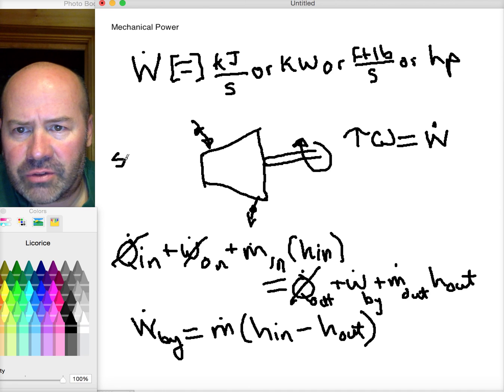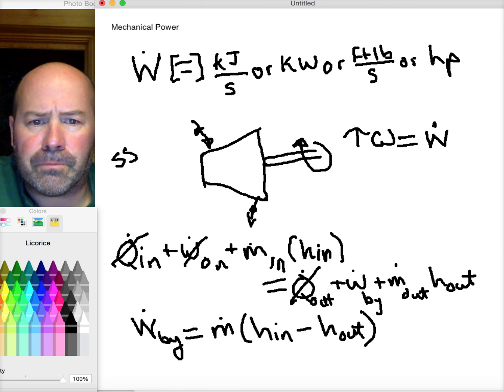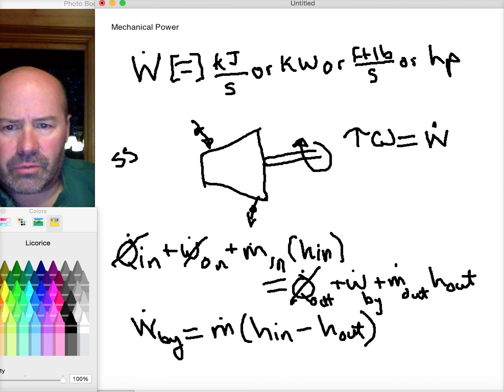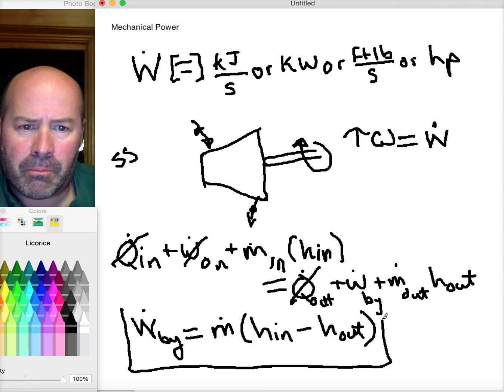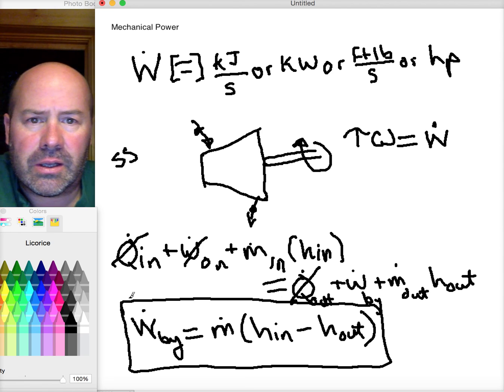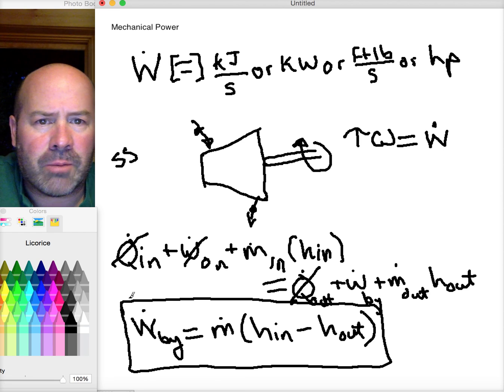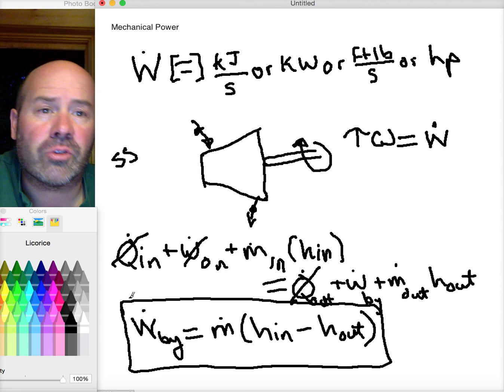When you have steady state, whatever goes in has to come out. This is the equation for the work being done by the steam on the shaft in a turbine. And a pump would be very similar. And this is all that we do when calculating mechanical powers in thermodynamic devices. So this is a really short video.